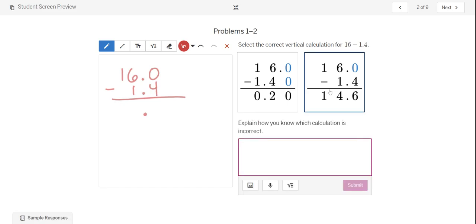So it's that one there. And how do I know? The decimal points need to line up when adding or subtracting. And so here we go. Submit.